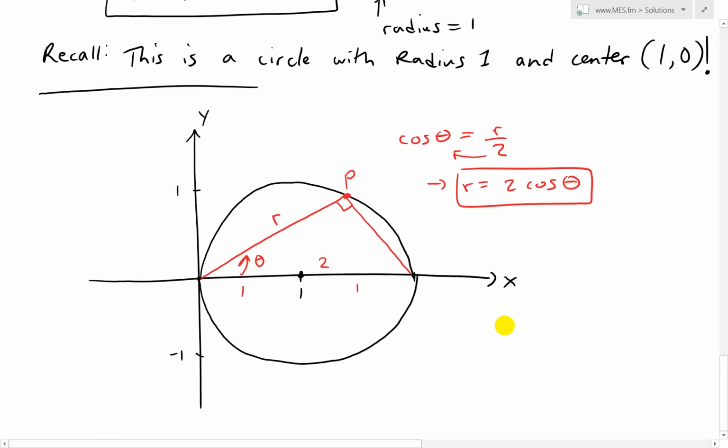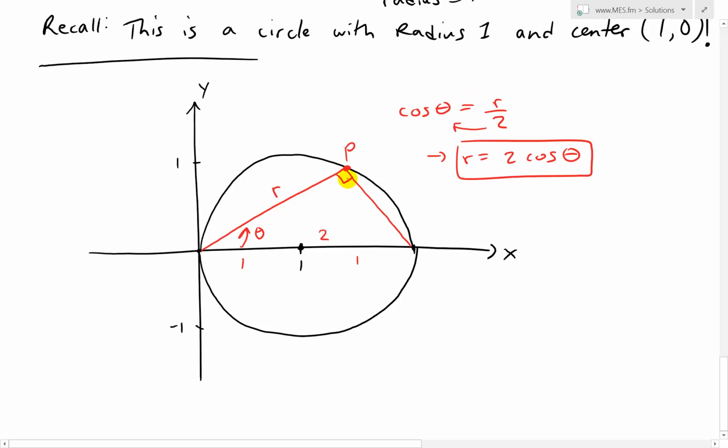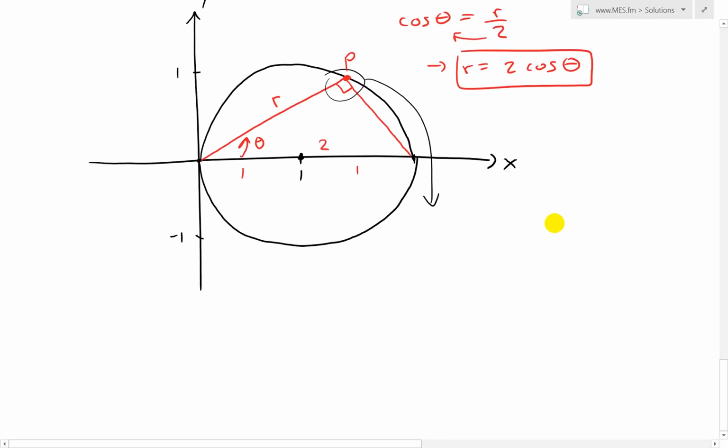So that is pretty fascinating. And this right here, I'll put a note: I will prove that it's actually a right angle so that we could use these ratios.